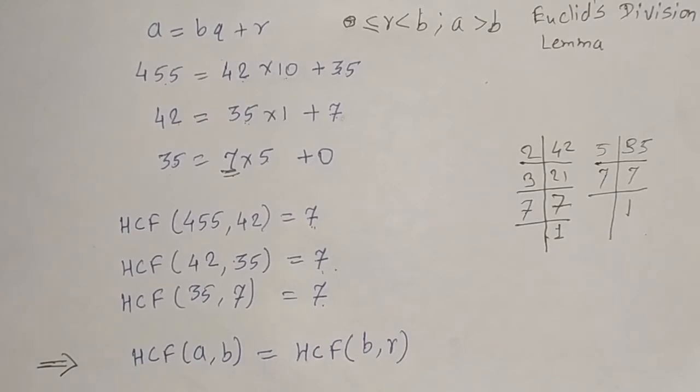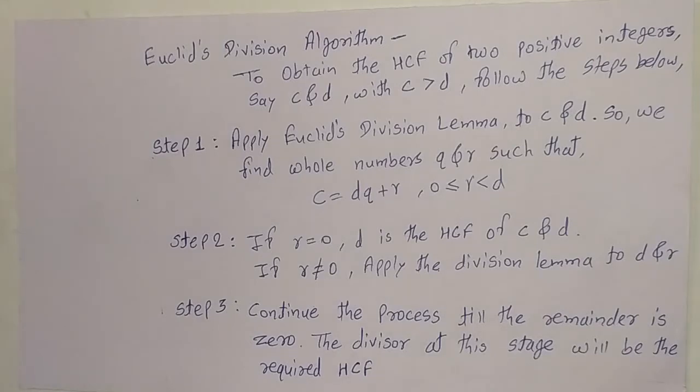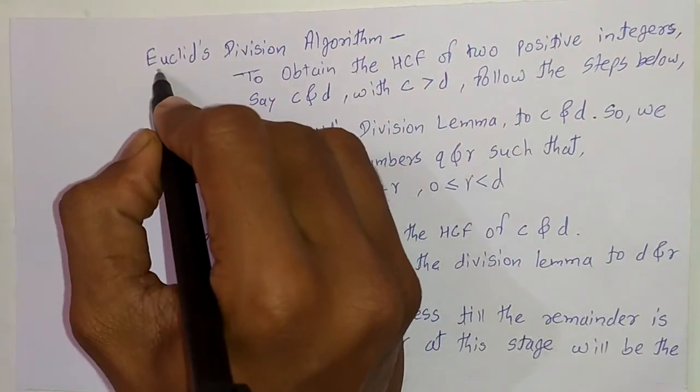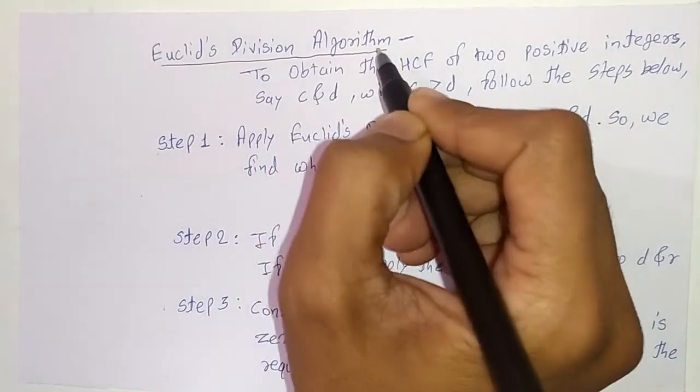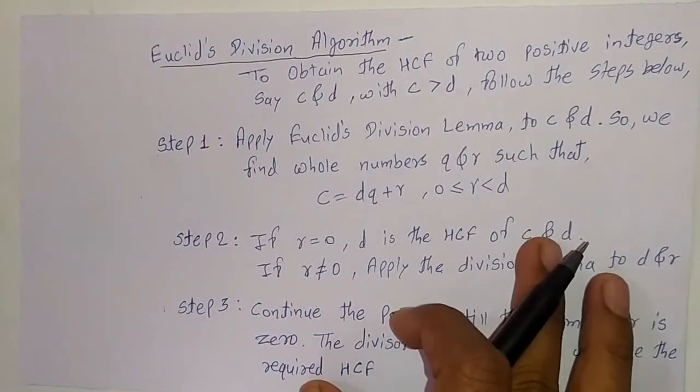After seeing Euclid's division algorithm, we'll be solving a few examples and then exercise 1.1. Now let us see Euclid's division algorithm, the stepwise form of Euclid's division lemma or Euclid's division theorem.